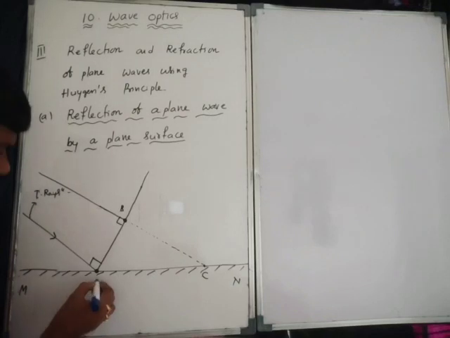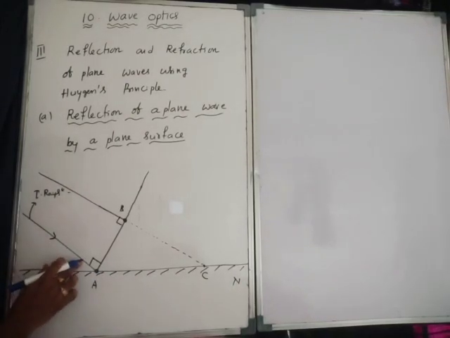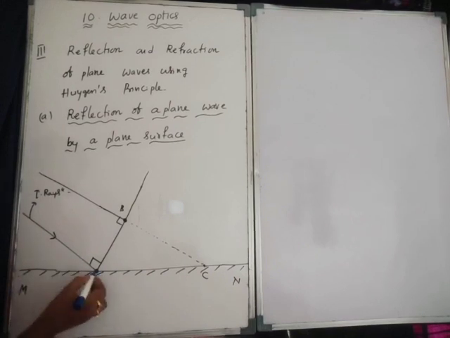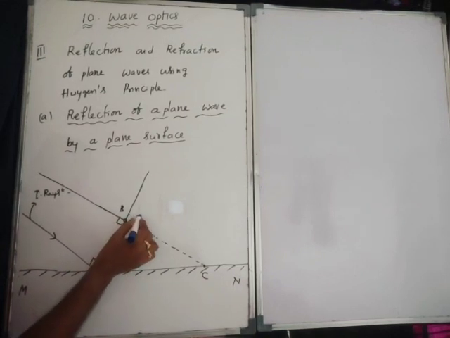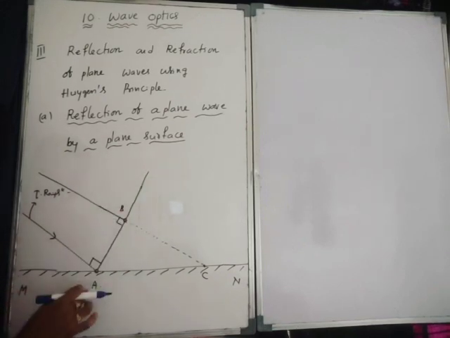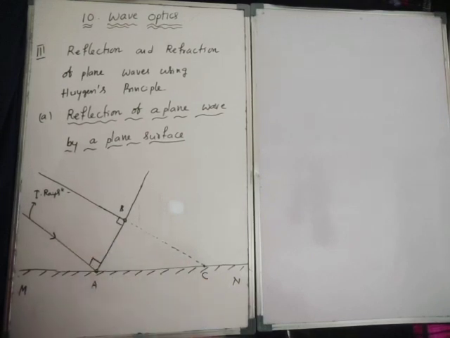So with respect to point A, this ray gives one point here, and this is the given wavelet. This is the wavefront. Point A and point B give secondary wavelets. This wavelet will move in this direction, like that and like that.